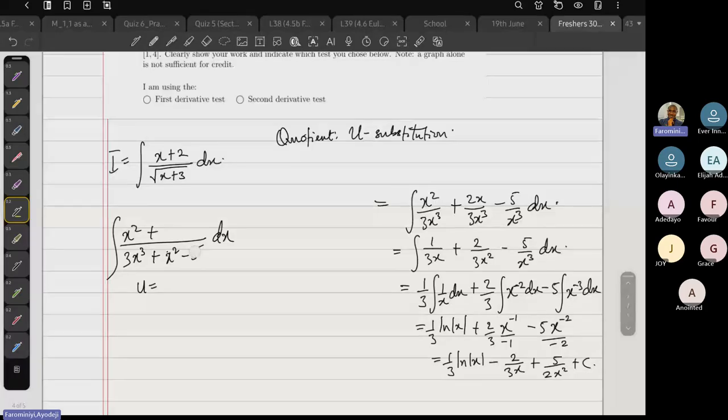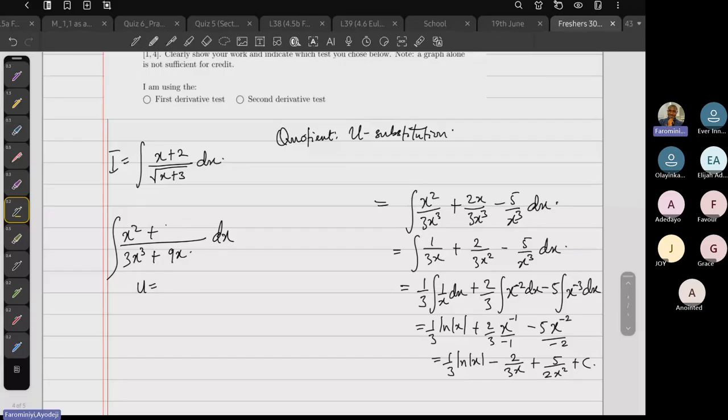Okay, let me just make this 3x cubed plus 5x and make this, no, 3x cubed plus, yeah, if I do 9x, I make this x squared plus 1.